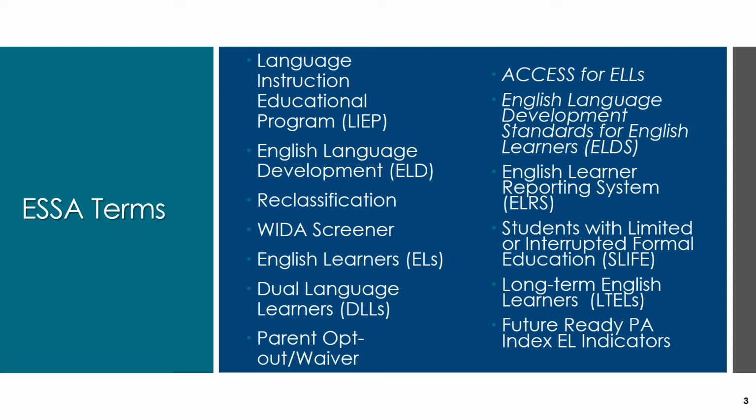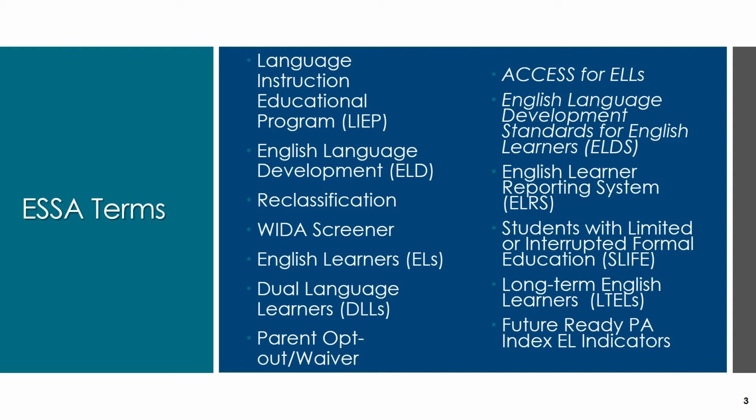So that is why it's so important to understand that now we are collecting this data, the number of students that are SLIFE. We are also collecting data on long-term English learners. Long-term English learners are students who stay in the English language educational program or language instruction educational program for more than 5 years. So we are collecting data on these students also.